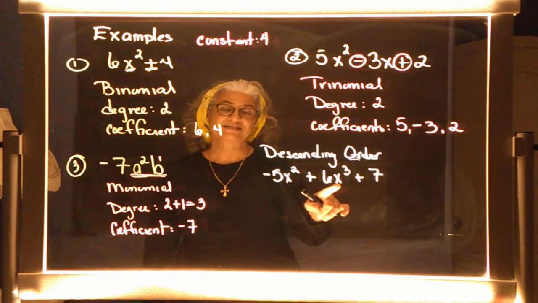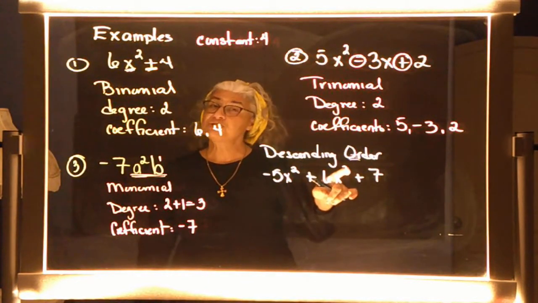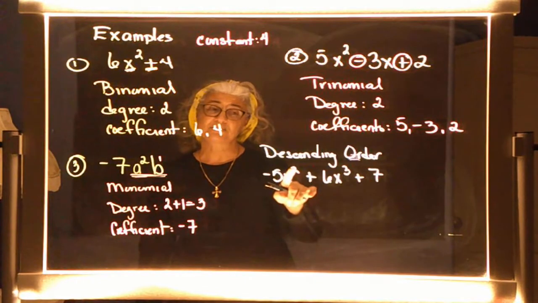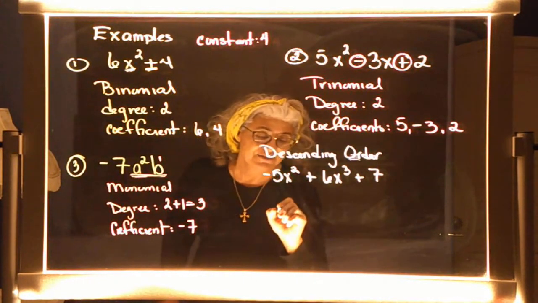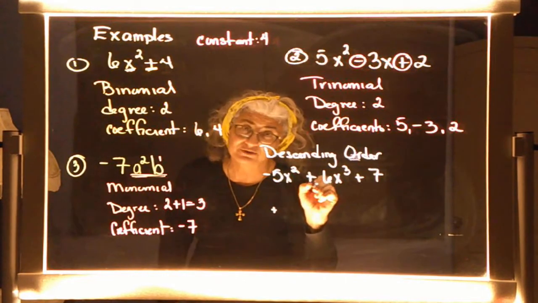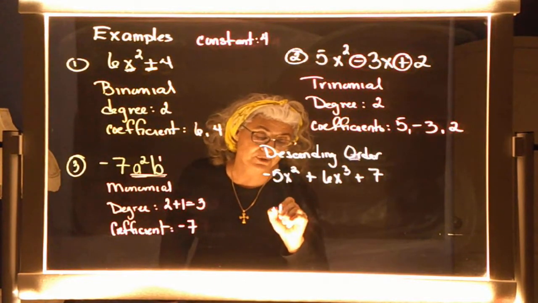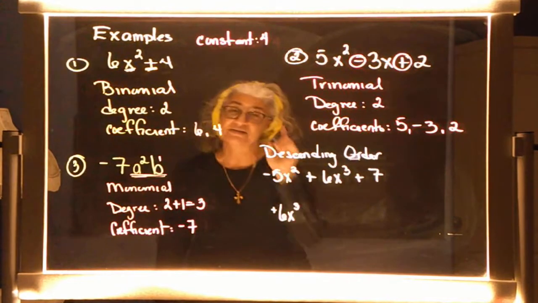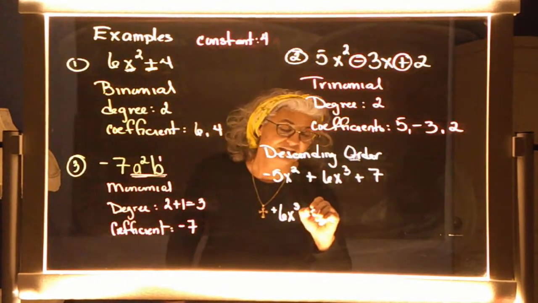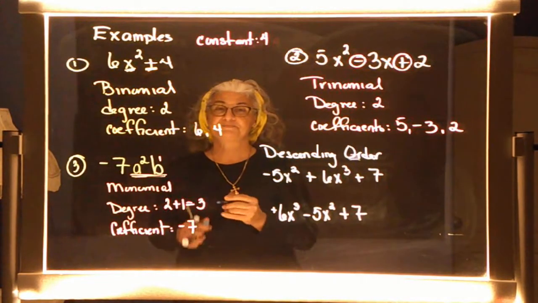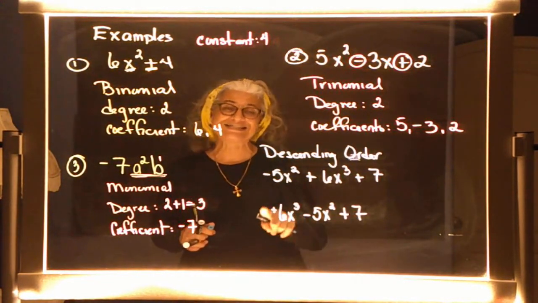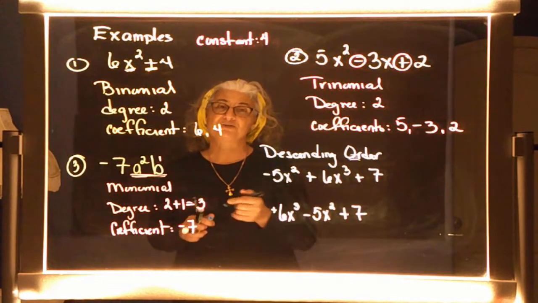I'm noticing this x has a power of 3, which is larger than this x that has a power of 2. So descending order says that positive, because there's a positive sign in front of the 6, that positive 6x to the third must go first, and then the negative 5x squared, and then the positive 7. This is descending order for this trinomial.